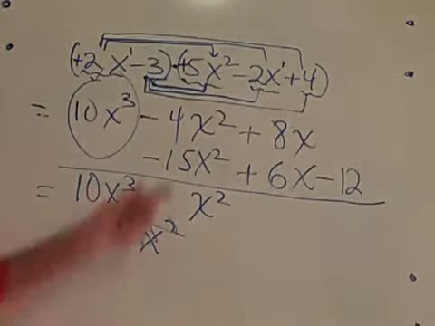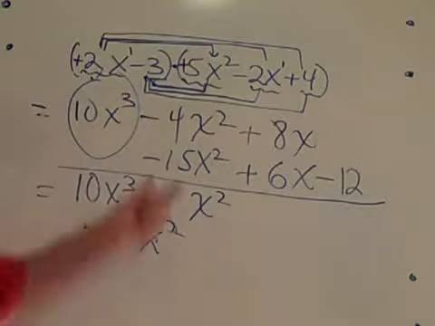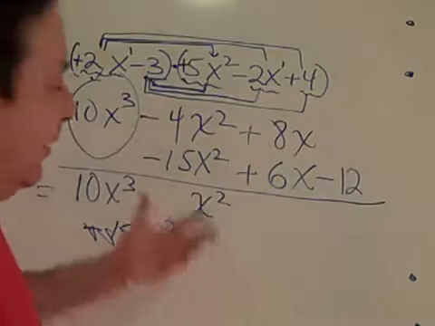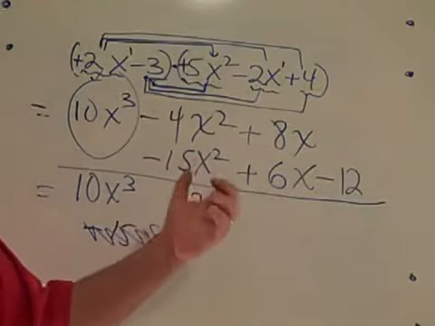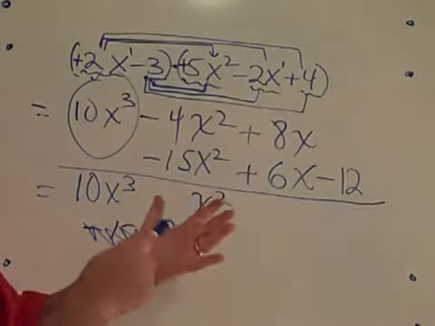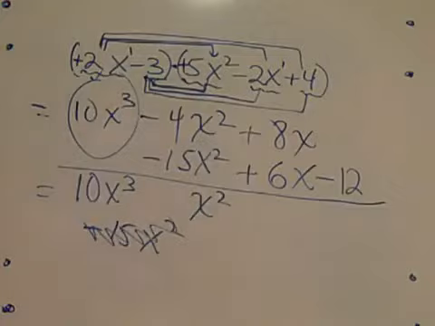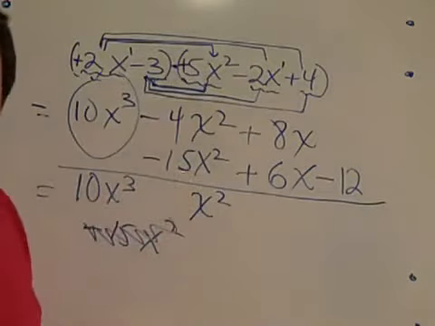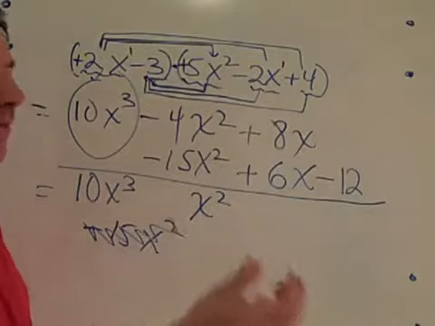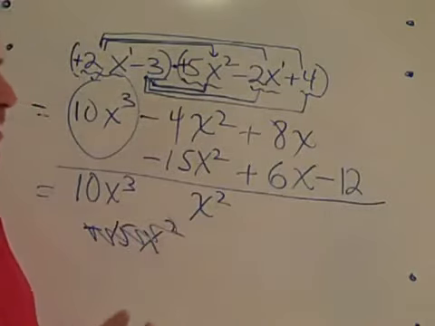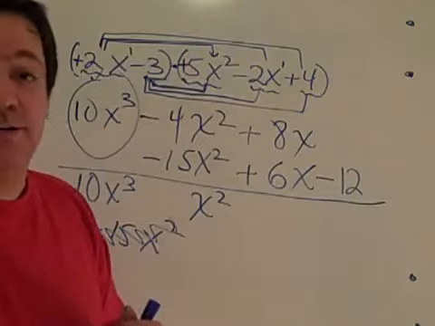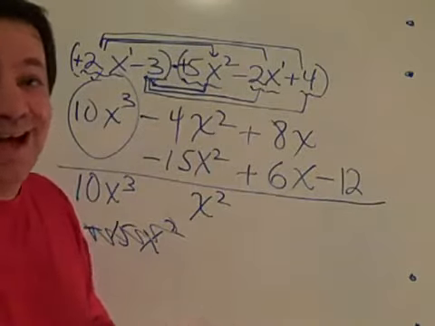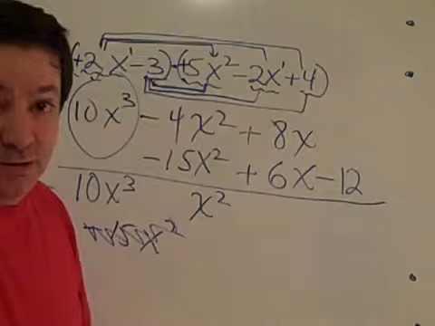Well, imagine you go to the bank and you take out $4. And they put the $4 in your left hand. 1, 2, 3, $4. And then you go back a little bit later, and you take out $15. And they put the $15 in your right hand. You have $4 in your left hand, you have $15 in your right hand. You did not take out $11.